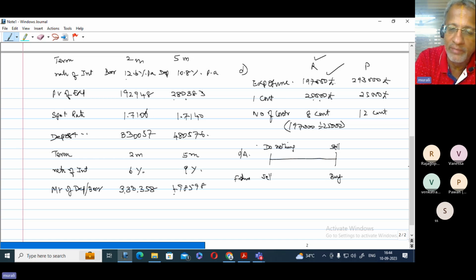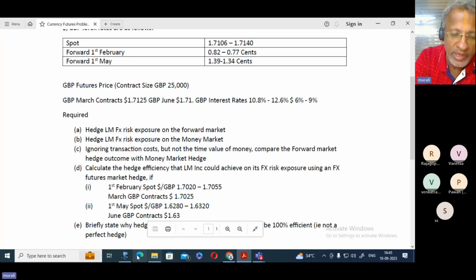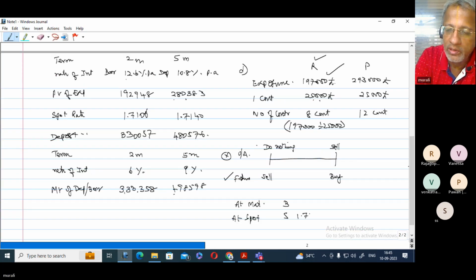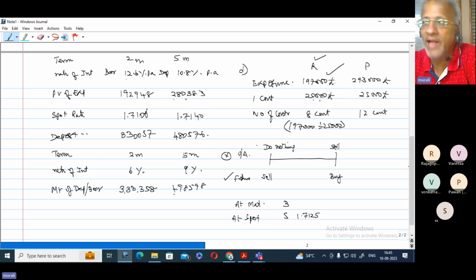Now I am going to take up this futures contract. At maturity, I will buy, and at spot, I have already sold. At what rate have I engaged? 1.7125. You can write this spot at the top or at the bottom, that does not matter at all. What you do at spot and at maturity are very important.